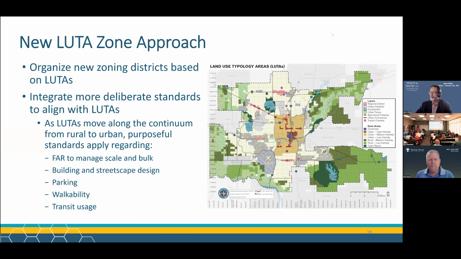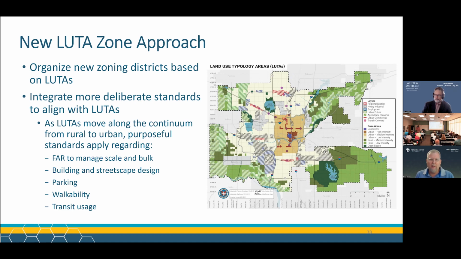So previously, you were introduced to the land use typology areas. You've seen this map to the side. Oklahoma City took a pretty divergent path, beginning with the development of the plan and the adoption of the plan. For years and years, dating all the way back to the mid-1920s, every city has used what they call the Euclidean approach. It's been explained to you.